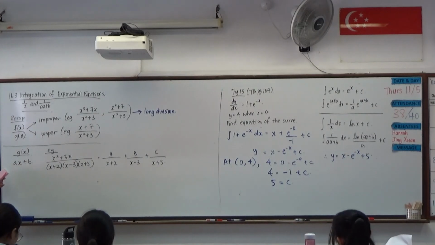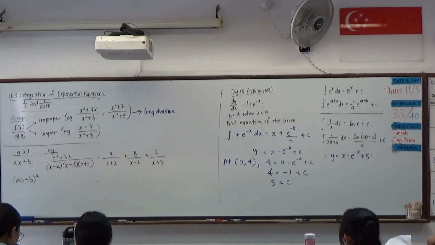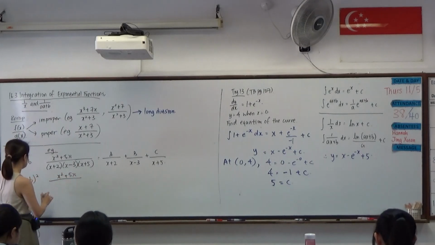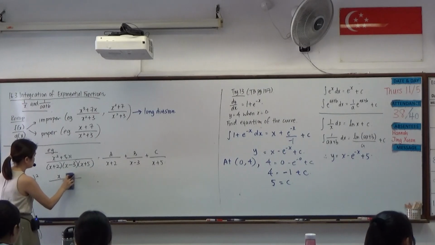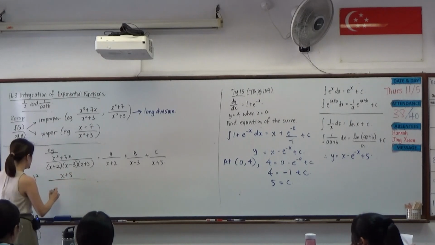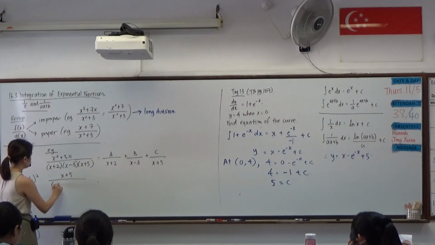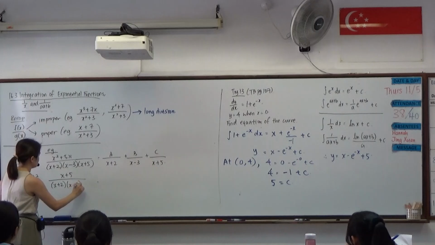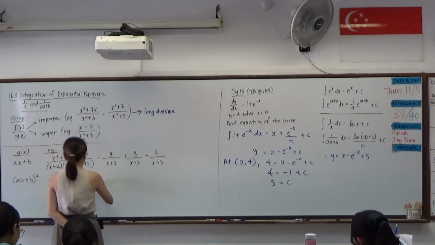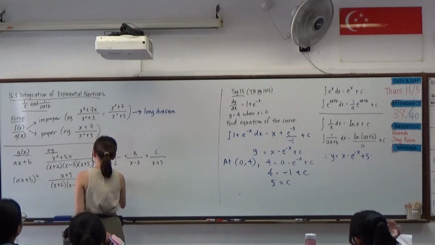Then let's say I have ax plus b squared, for example, if I have x plus 5 over x plus 2 times x minus 3 squared, my partial fraction will be a over x plus 2.